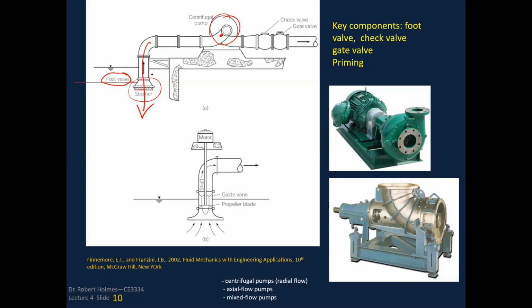If this foot valve is not in place, this can drain out, and then I've got air in this intake line, and your pump is not going to work very efficiently until it becomes what we call primed. That's a very inefficient process and can cause damage to the pump and things like that. So we install these foot valves on the intakes to keep water, or whatever fluid you're pumping, from evacuating back out the other way.